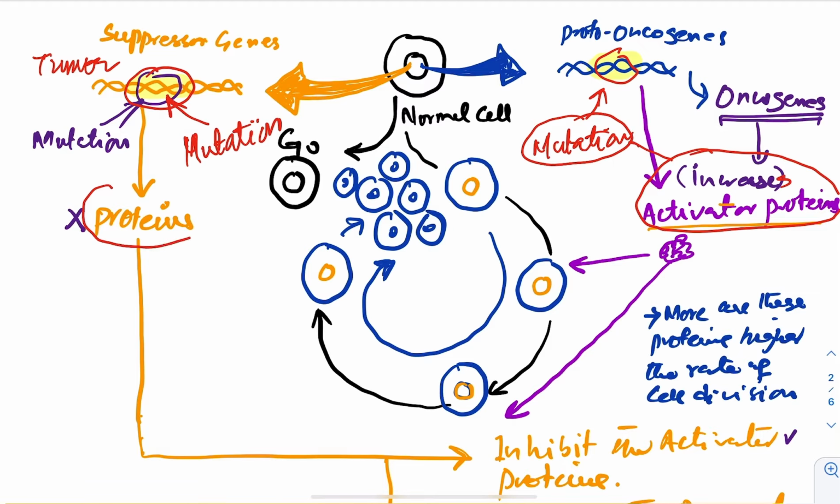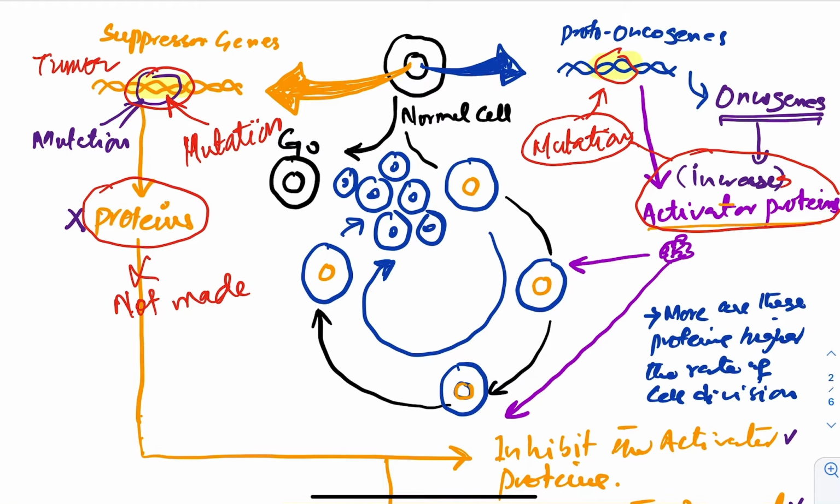The cell does not undergo the repair of the damaged DNA, and it does not also die by apoptosis. So consequently, this cell continues through or progresses through this cell cycle and continues to divide into cells without stopping at any phase.